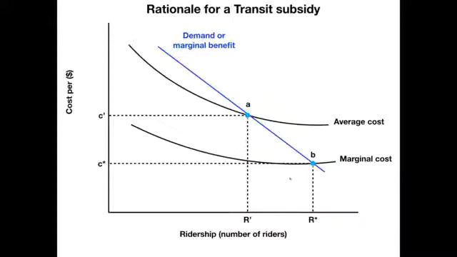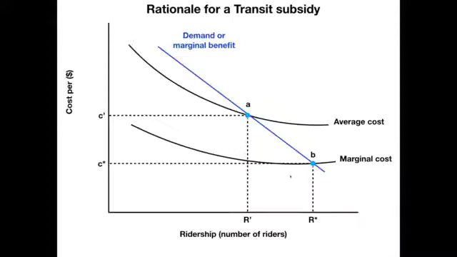But if we were to have the socially optimal level of ridership, this transit public corporation would be losing money. So the rationale is that if we want to achieve the socially optimal ridership, we know that this firm is going to lose money.